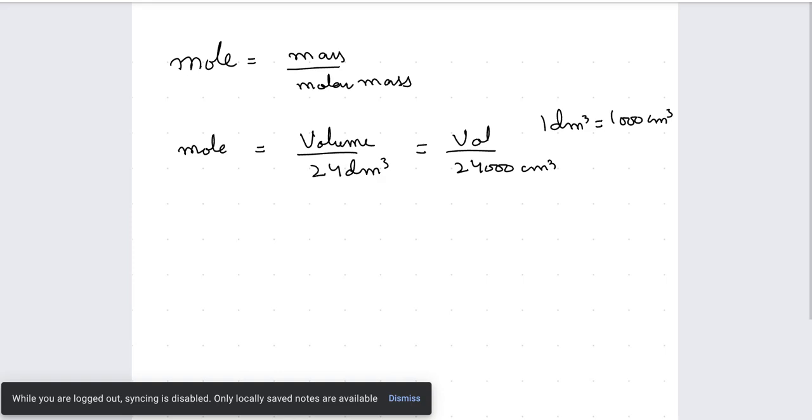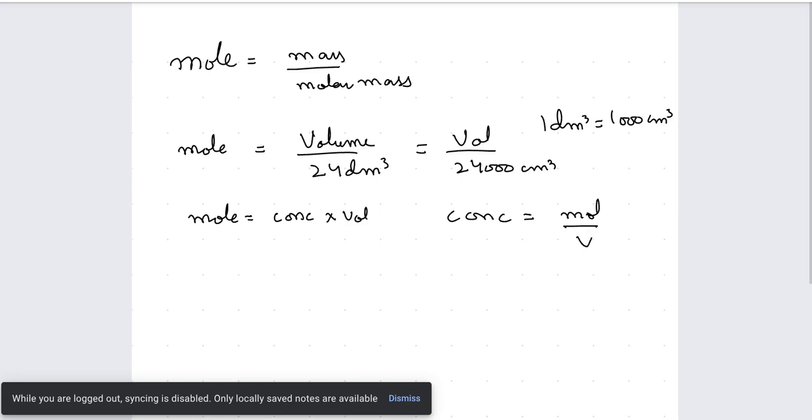The third formula is of concentration. Basically, mole is equal to concentration multiplied by volume. You can rearrange all these formulas according to the need. For example, if you need to find the concentration, just rearrange this formula: mole upon volume.